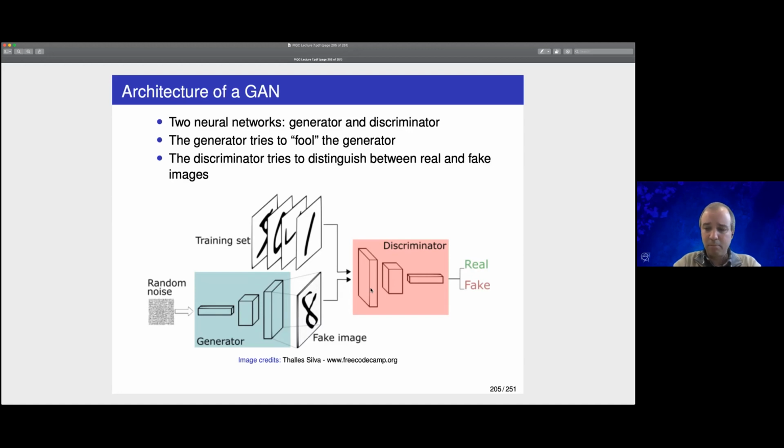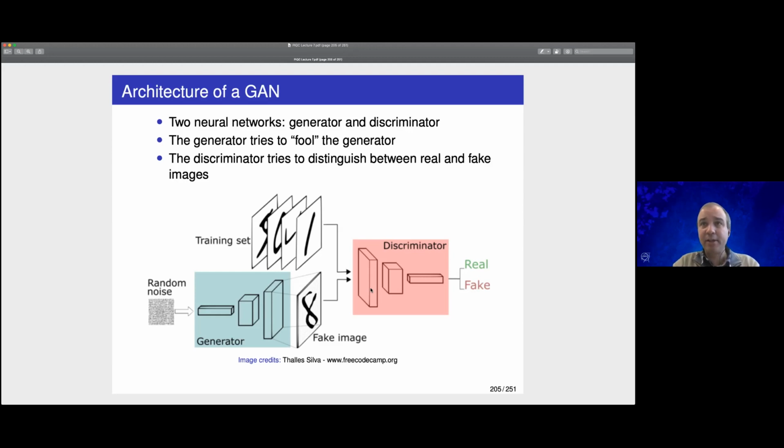In a generative adversarial network, in a classical GAN, we have two different neural networks. One is called the generator, the other one is called the discriminator. And the idea is that they are trying to beat the other neural network at a game. The game is that the generator tries to generate, of course, images or whatever kind of data you are trying to learn to reproduce.